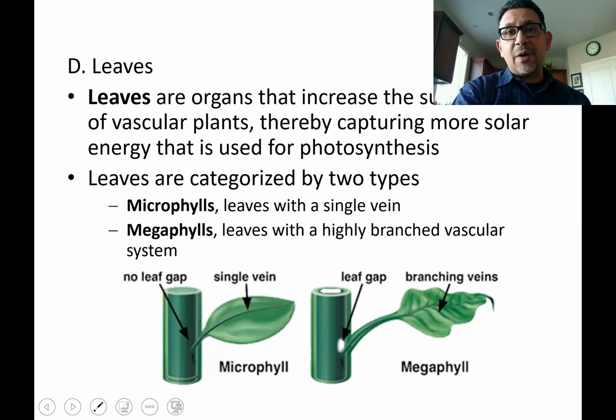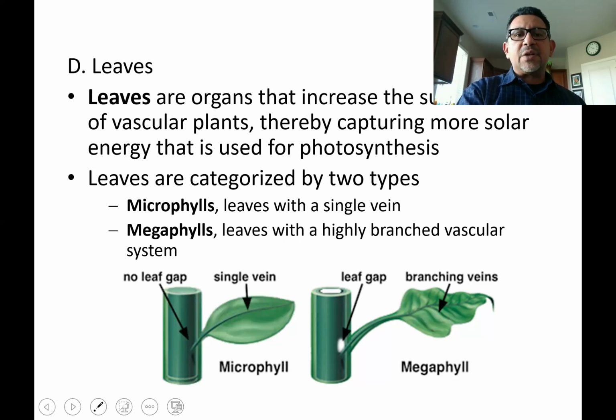Well, it's not a problem because the roots use their xylem to transport water in larger amounts and faster. But there's also going to be a greater need for sugars. Well, that's not a problem because there's going to be more photosynthesis taking place in the more complex and the larger leaves you can find in the vascular plants.